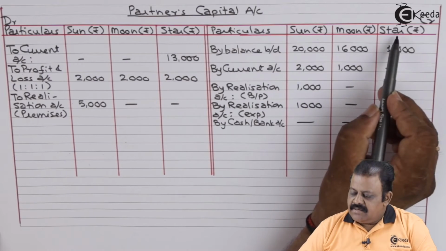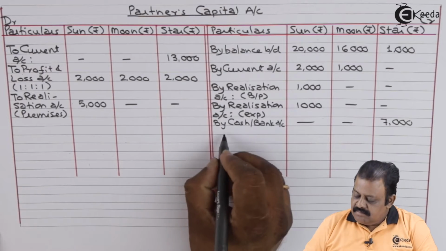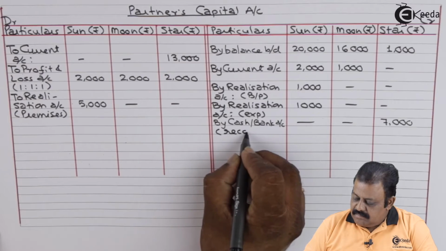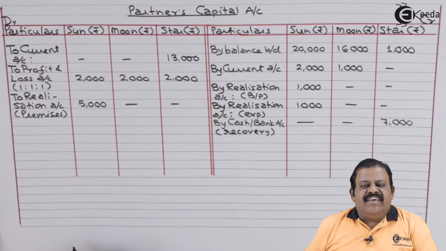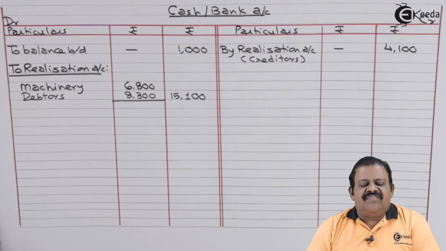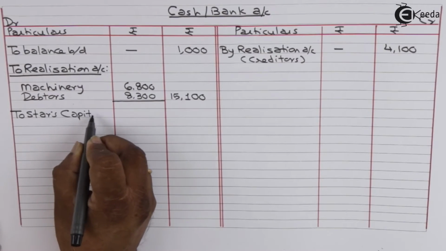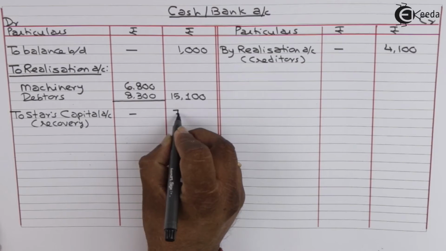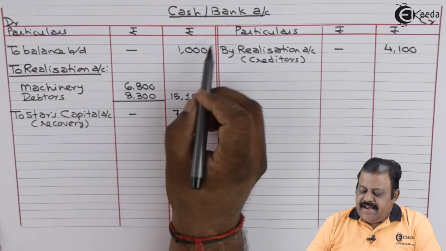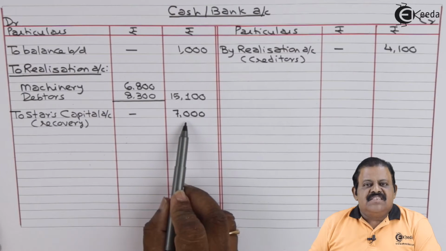Partner's capital account credit, Star, by cash bank 7,000, recovered from private estate. This will have a second effect in cash bank account debit side: cash bank account debit side to Star's capital account, recovered from private estate 7,000.